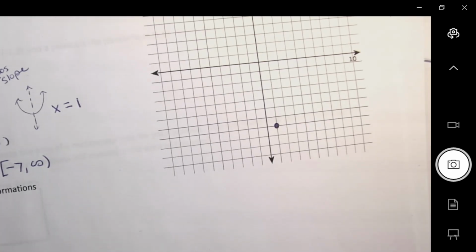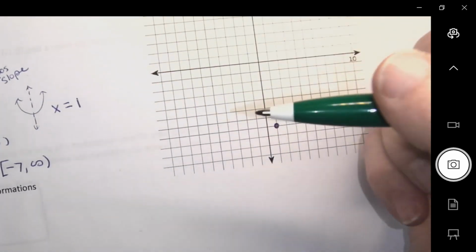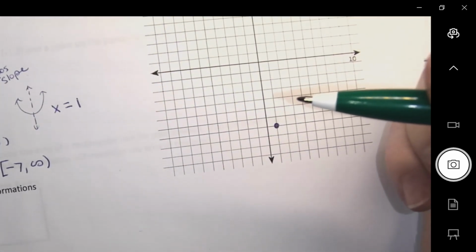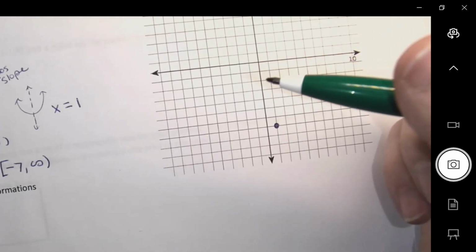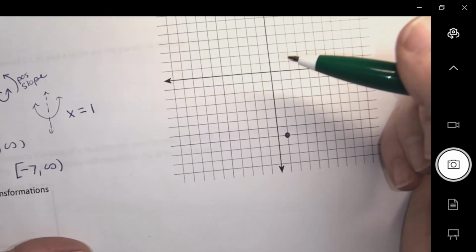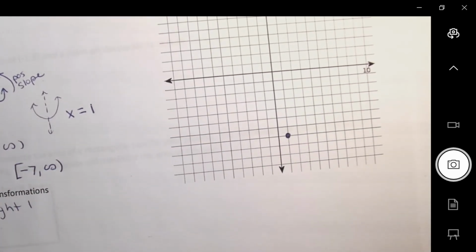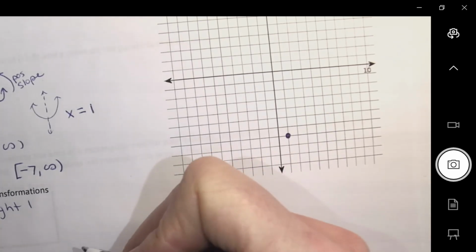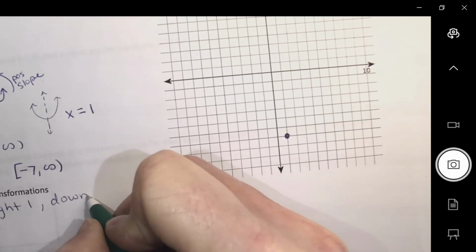Okay, let's do transformations. Did the parabola move right, left, up, down at all? If the vertex is over here, where has the vertex moved? Right 1. Where else does that vertex go? In words, where did it go now? Down 7.